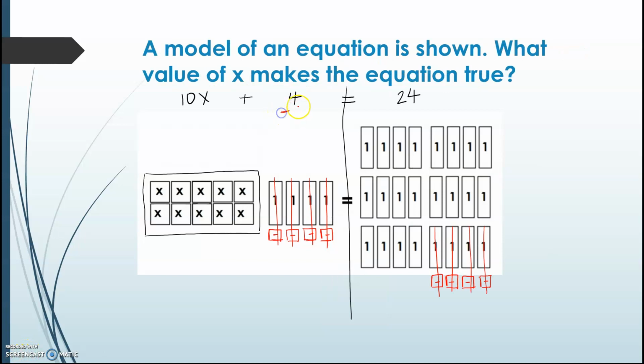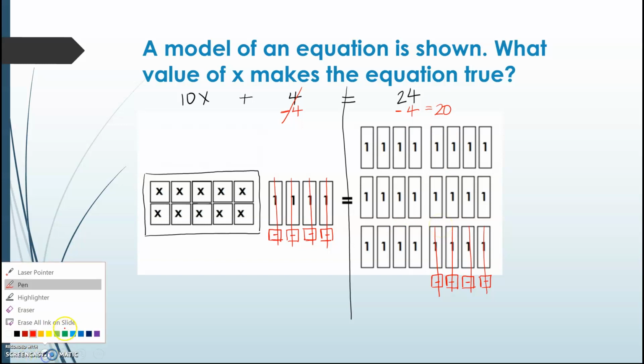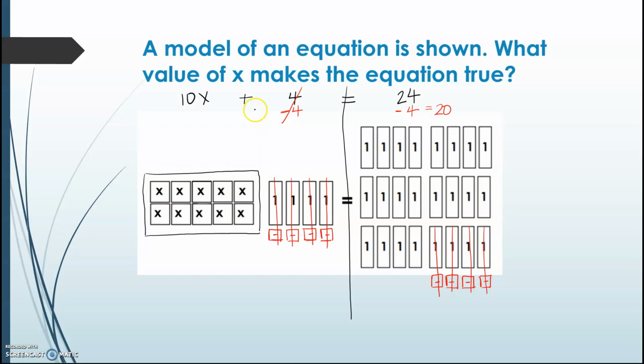So I subtracted 4 from this side and I subtracted 4 from this side. So 24 minus 4 is 20. I just have 20 left. So now on this side over here, I have 10x.